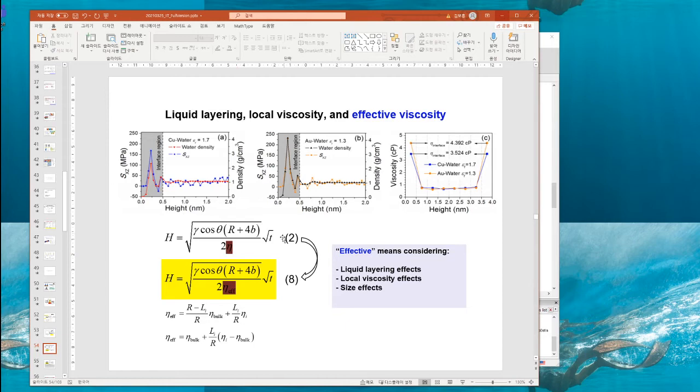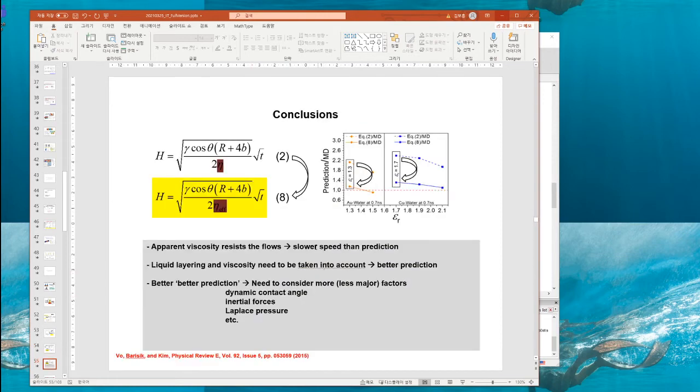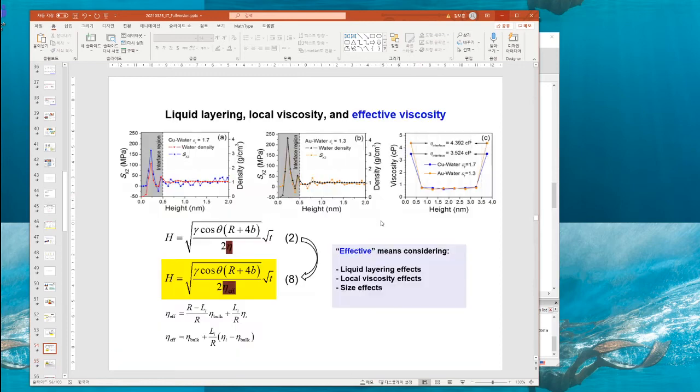And with the previous Lucas-Washburn equation already updated with the slip length, we updated it one more time, considering the interfacial viscosity too. Okay, so with this updated viscosity, because of the layering, which is the true behavior of nanofluidics, when we make the corrected prediction, it has a very good match between the rise equation and the MD.